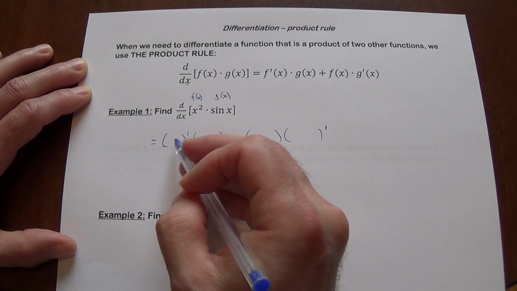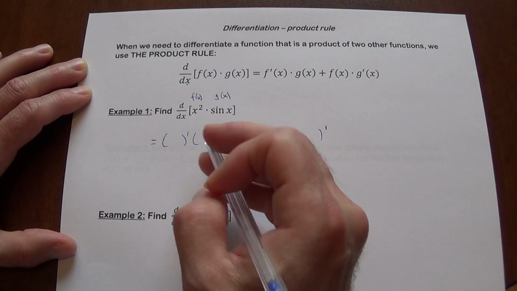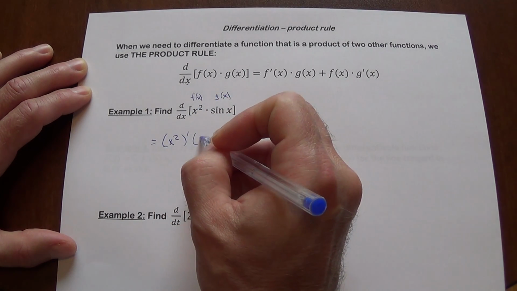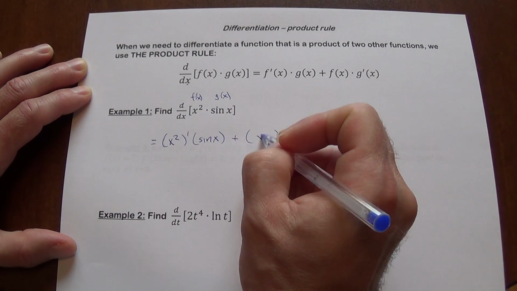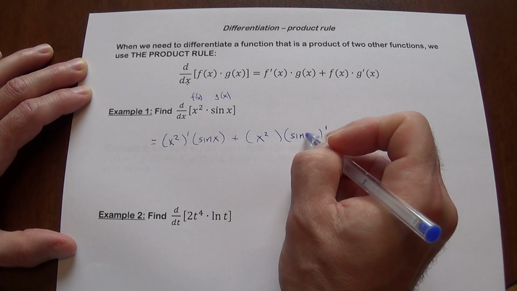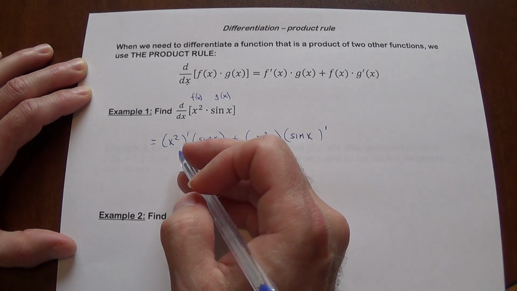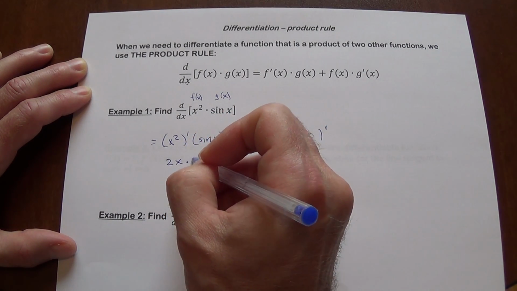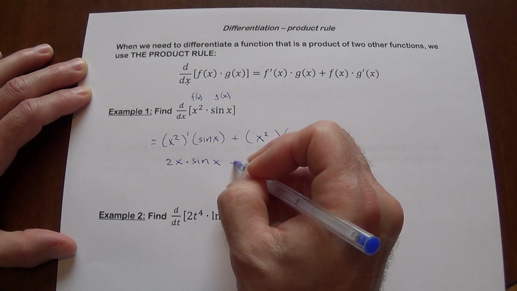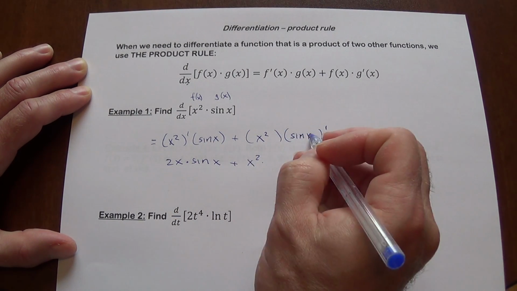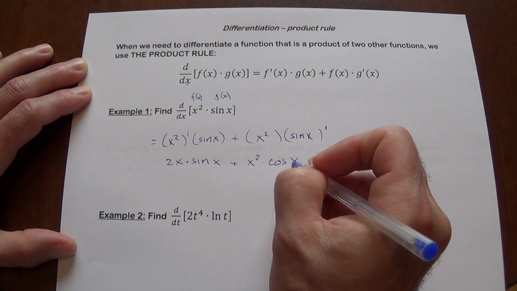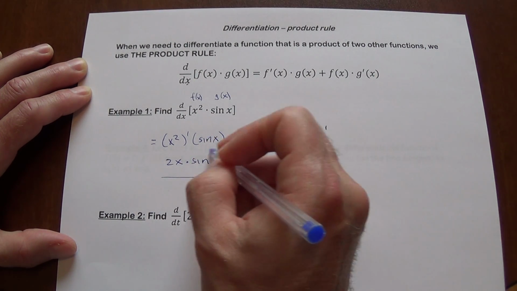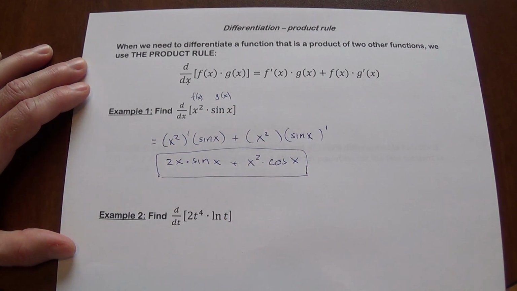Same thing goes here, and same thing goes here. This takes x squared, this takes sine x, this takes x squared, this takes sine x. Derivative of x squared is 2x times sine x, plus x squared times the derivative of sine, which is cosine x, and there is our answer.